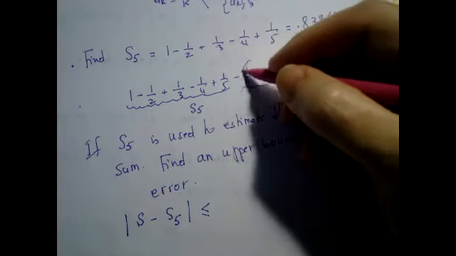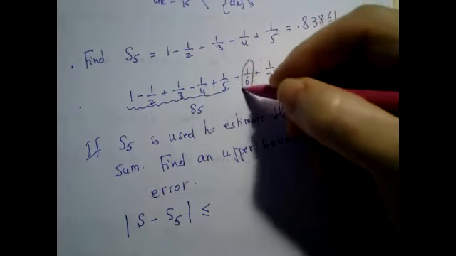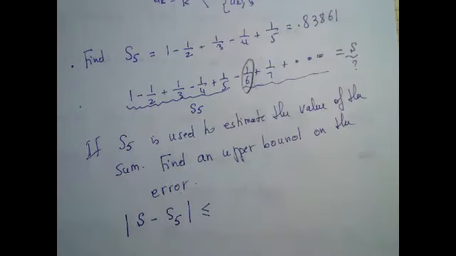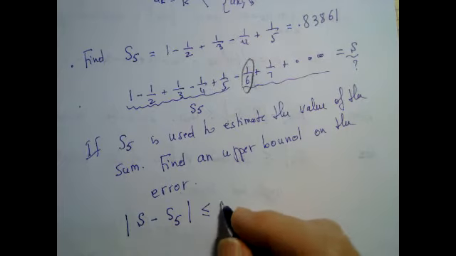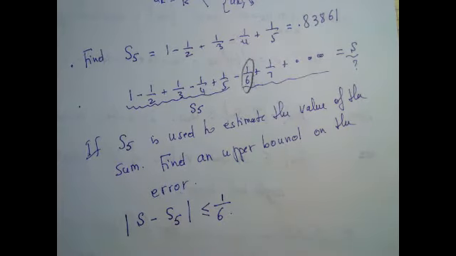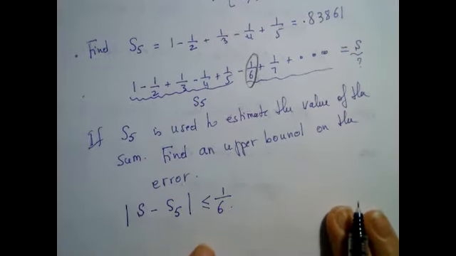The first term we neglect is 1 over 6. So the error is less than 1 over 6. If I use the first 5 terms to estimate the sum, I have an error in the estimate, and the error is less than 1 over 6. That's what the remainder theorem tells me.